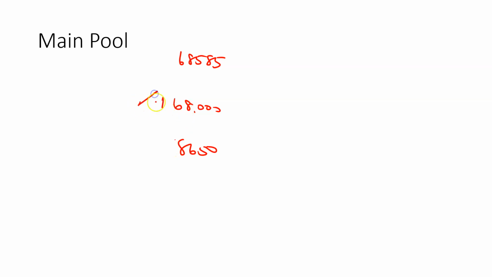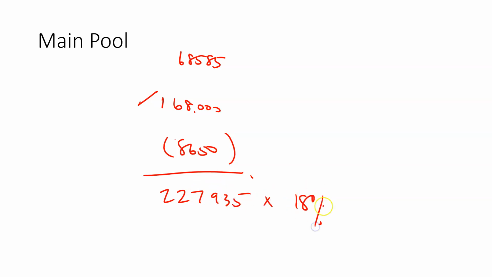We have this addition, we take this away, and let's find out what our new figure is. 68585 plus 168000 minus 8650 brings us down to 227,935. And then, of course, we multiply this by 18% because that is the percentage.